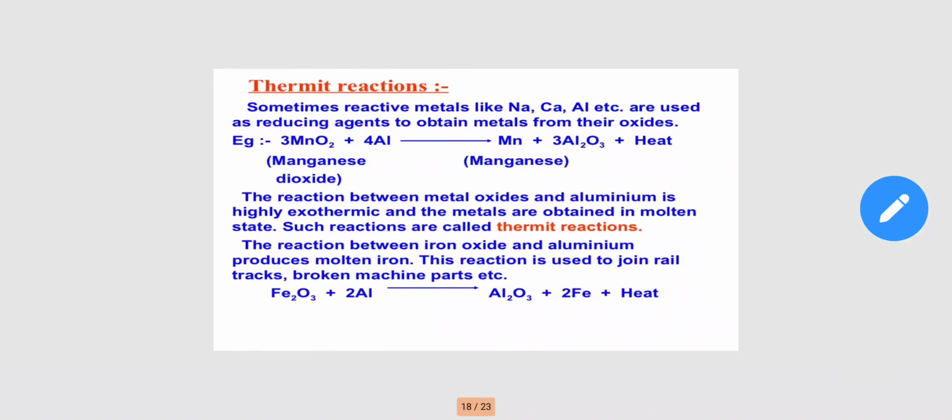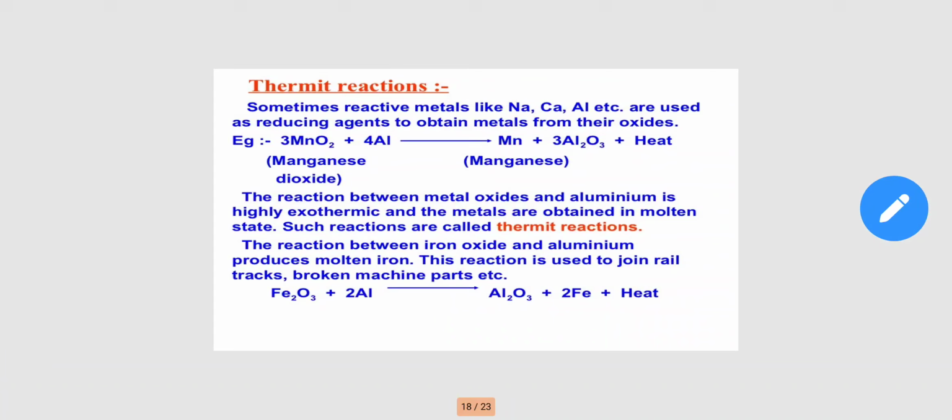What are thermite reactions? Sometimes reactive metals like sodium, calcium, aluminum, etc. are used as reducing agents to obtain metals from their oxides. Magnesium oxide reacts with aluminum, and it gives magnesium and Al2O3 plus heat.